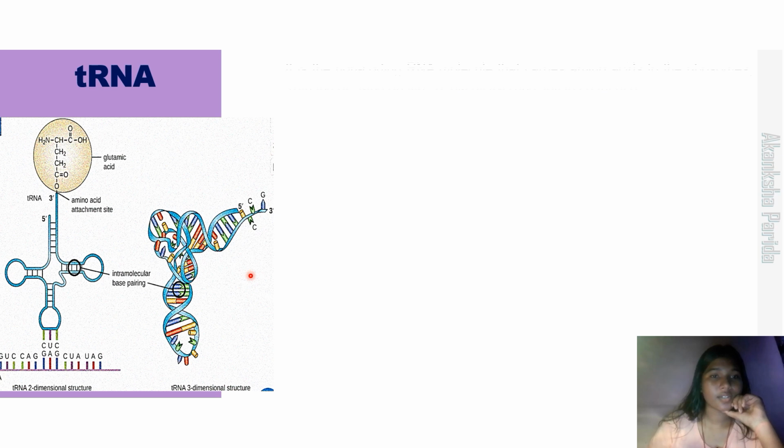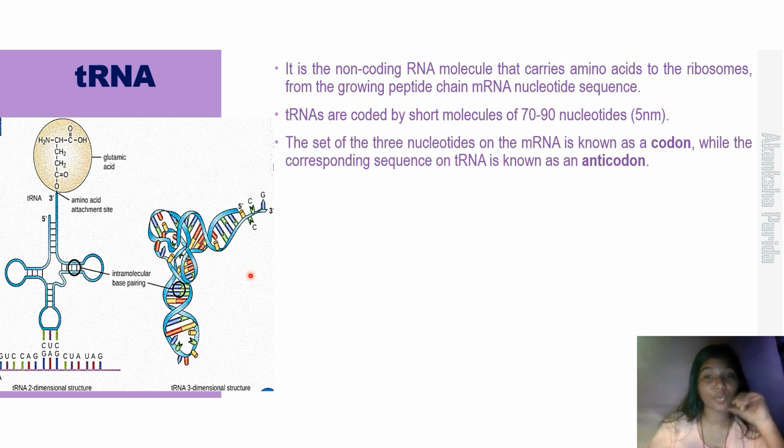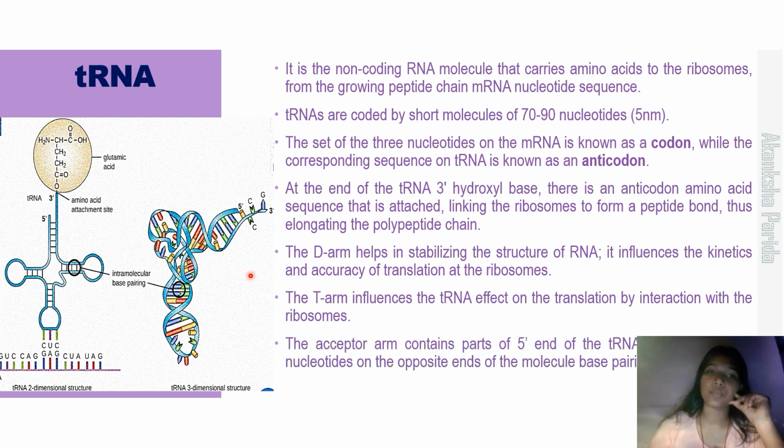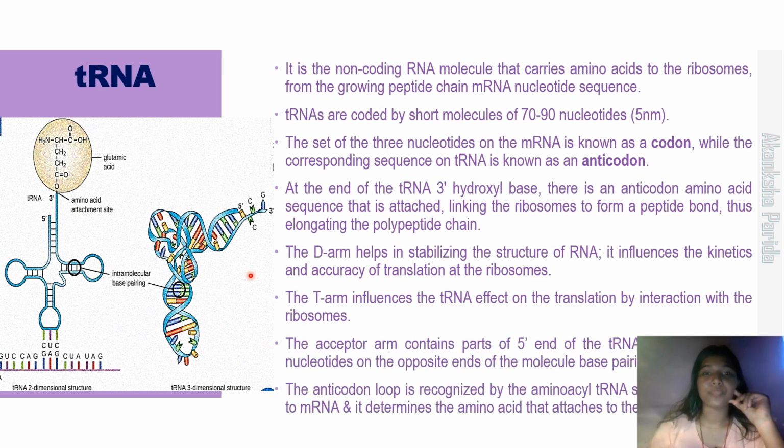tRNA, that is transfer RNA. It is a non-coding RNA molecule that carries amino acids to ribosomes for the growing peptide chain according to the mRNA nucleotide sequence. tRNA are coded by short molecules of 70 to 90 nucleotides. The set of three nucleotides on mRNA is known as codon, and the corresponding sequence is the anticodon.